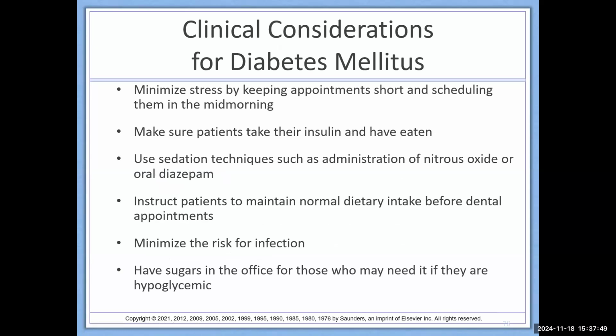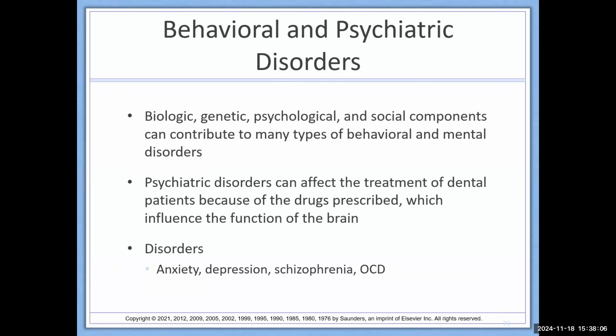We want to minimize their risk of infection because these patients may be affected in how they heal because of the high sugar levels. Have sugars in the office for those who may need it if they become hypoglycemic. It's always good to have a piece of candy or orange juice nearby, so that patients can have it in case their sugar drops, because it gets very dangerous.